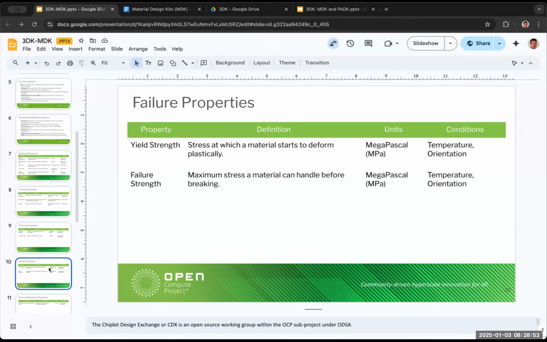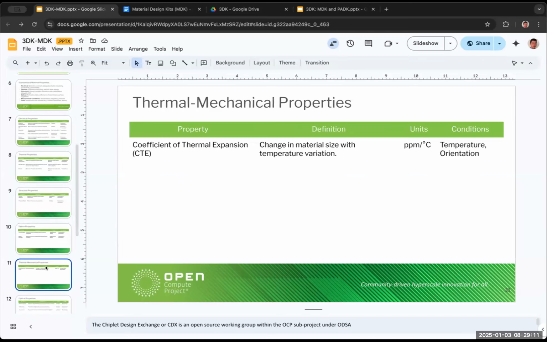Another thing is the failure properties. I think it's very important. I want to see how much stress the material can handle. They're both in Pascals, one is the yield strength and one is the fracture strength. Then there's the combination between thermal and mechanical, which is the very commonly used CTE.